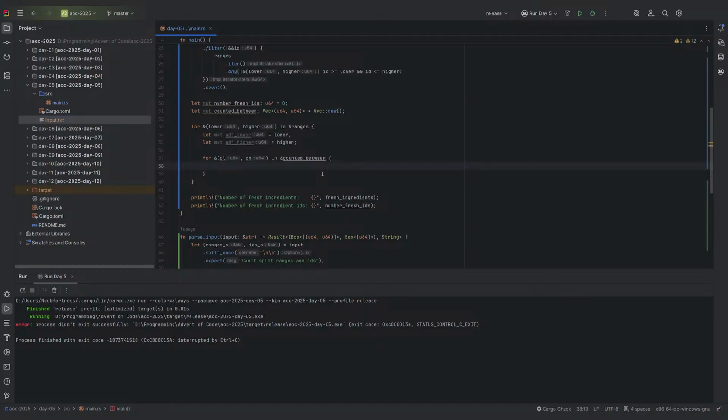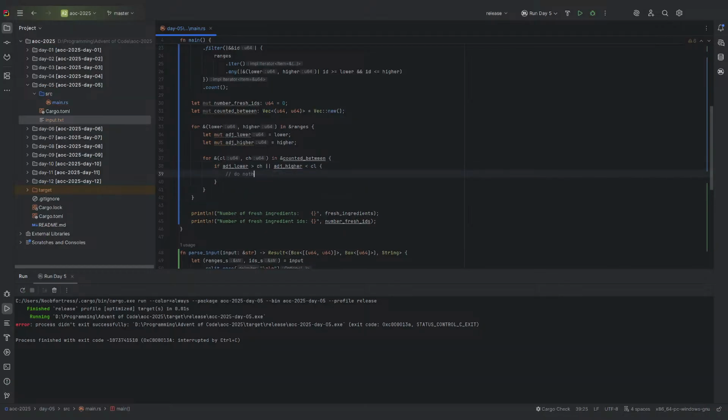If I encounter a range, it either is completely outside of this, which means if my lower bound is greater than higher, or if my higher bound is less than lower. In either of these cases, it's completely outside the range.